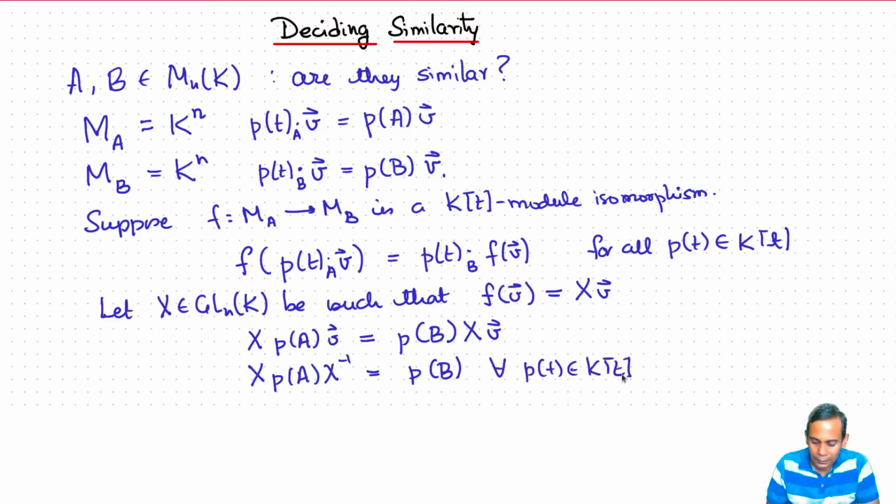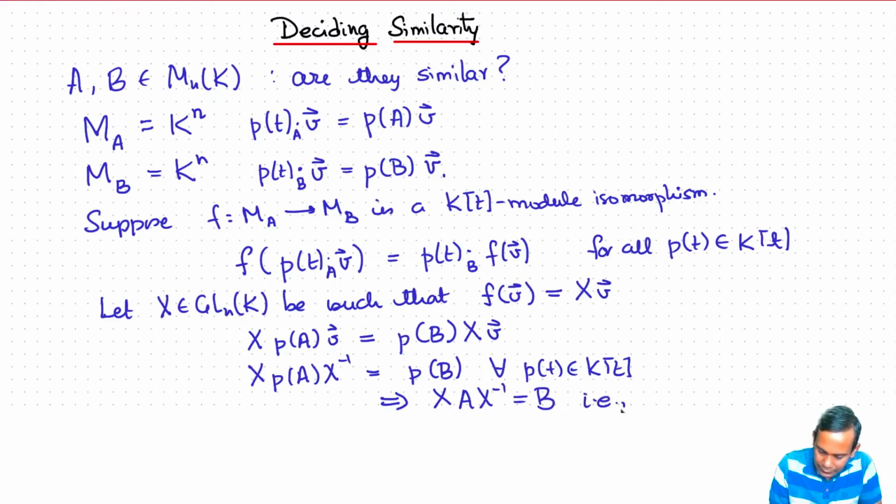In particular, if we take P(T) to be just the matrix T, then this implies that X A X inverse is equal to B, which is the same as saying that A is similar to B.